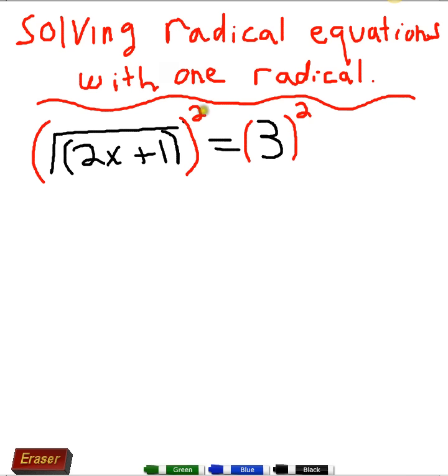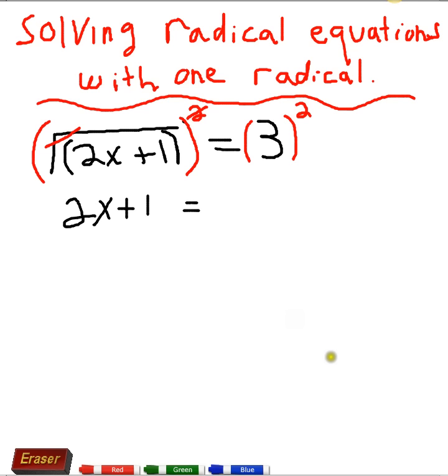That little 2 is indicating that we are squaring both sides. So when you square something that is a square root, that in a sense cancels with the square root since they are inverses of each other. So what we're left with on our left side is 2x plus 1 is equal to, now on the right side, 3 squared.